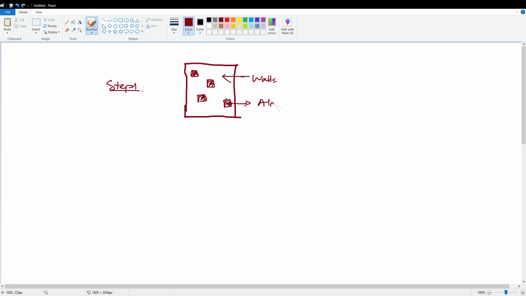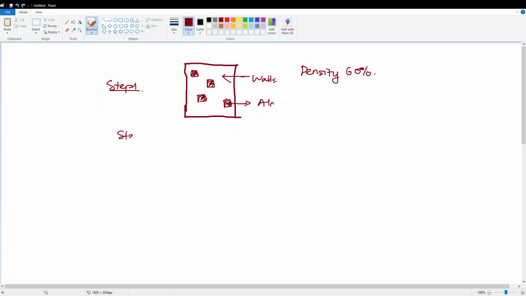And we're gonna generate it with a specified density, which is the walls to air ratio. Currently my density is at 60%, so it's a 60% chance that a cell is a wall, and 40% chance that it's an air block.